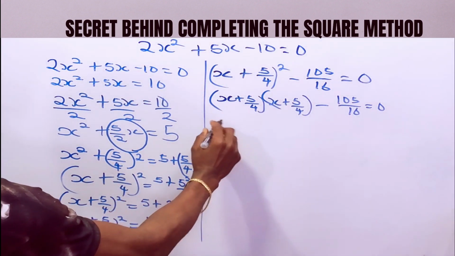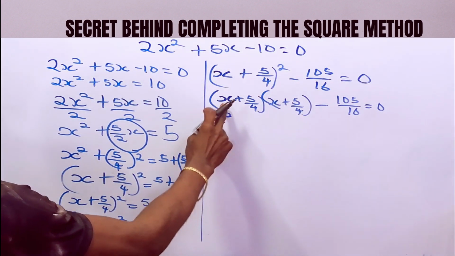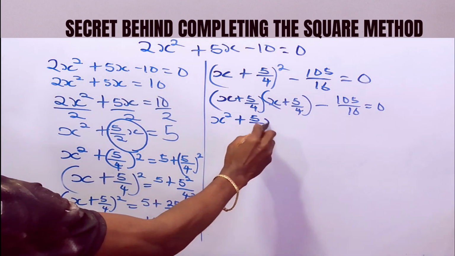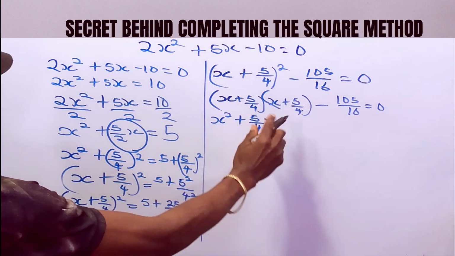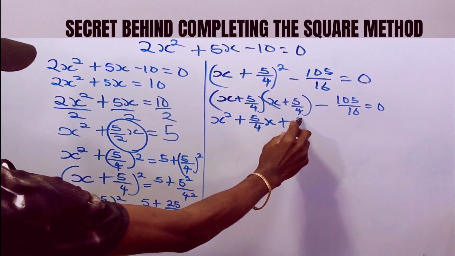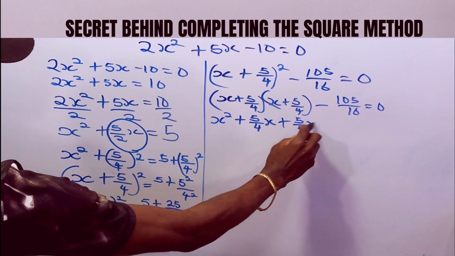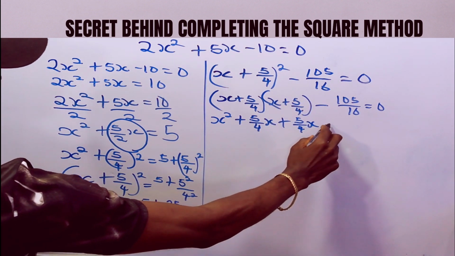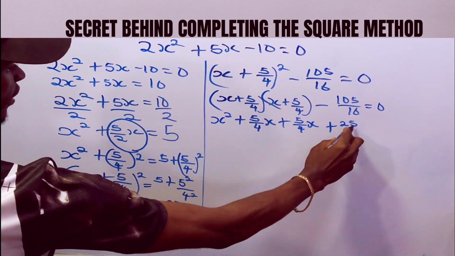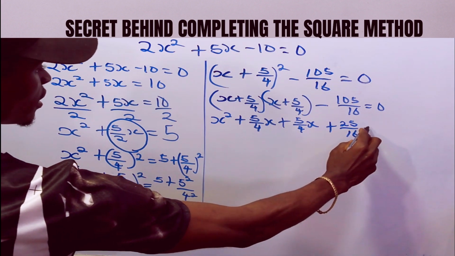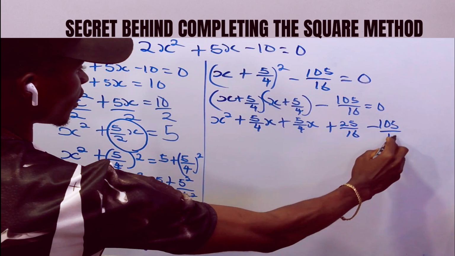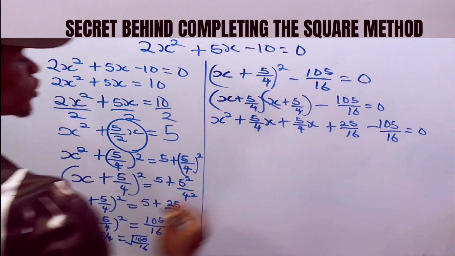So x times x gives us x squared. x times 5 over 4 gives us 5 over 4 x. 5 over 4 times x still gives us 5 over 4 x. Then 5 over 4 times 5 over 4 gives us 25 over 16. Now minus 105 over 16 equals 0.